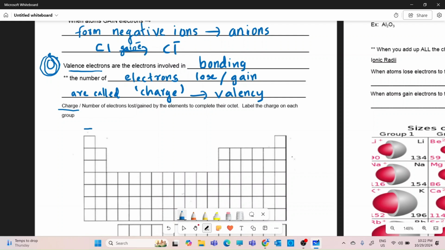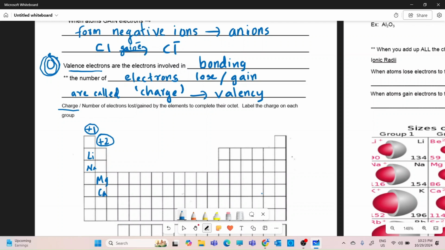Group 1 always loses 1 electron, so their charge will be +1. Group 2 will lose 2 electrons and the charge will be +2. Lithium will always show +1, and sodium will show +1. Magnesium, calcium, or any element in group 2 will show +2.